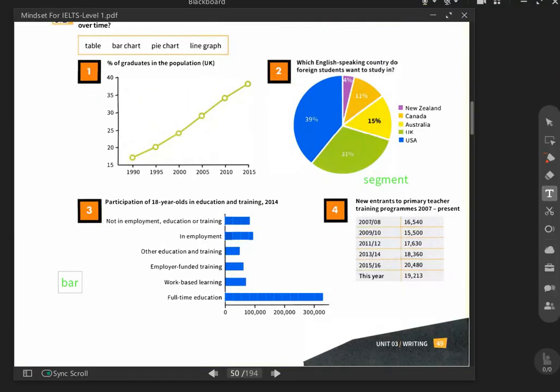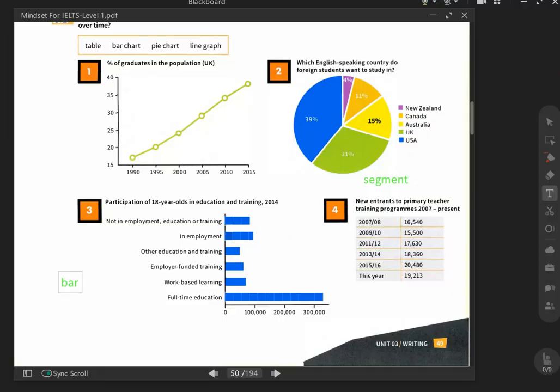Well, let's talk about the structure of writing task one. You know that you should write at least 150 words, okay? And different sections, like introduction, overview, body paragraph one, body paragraph two.